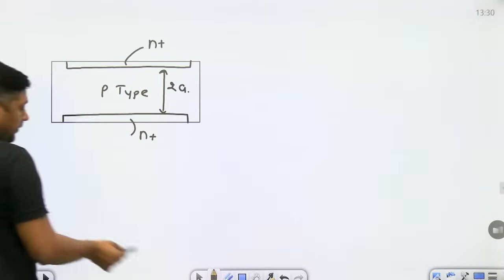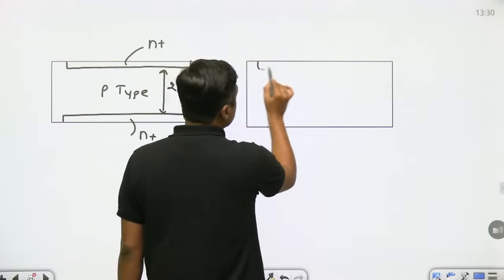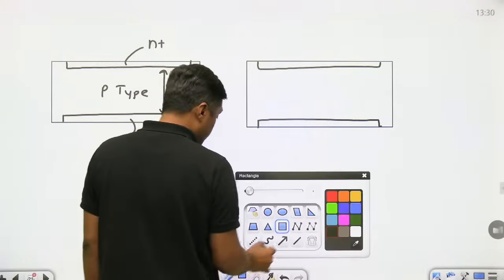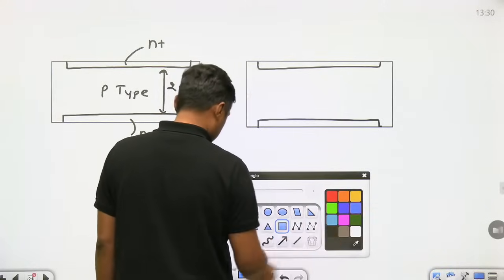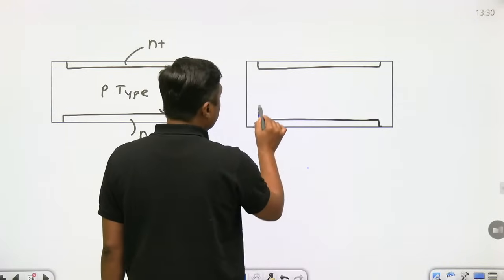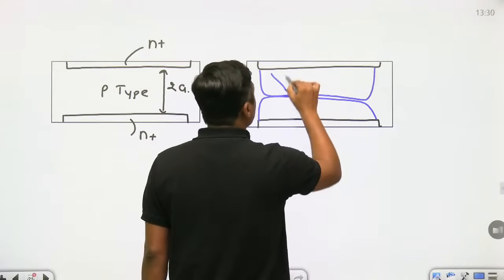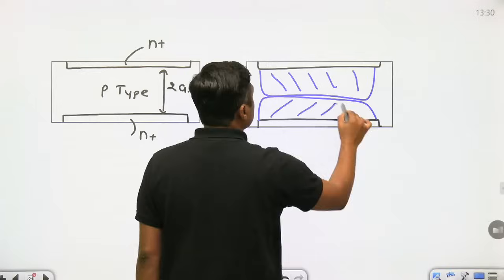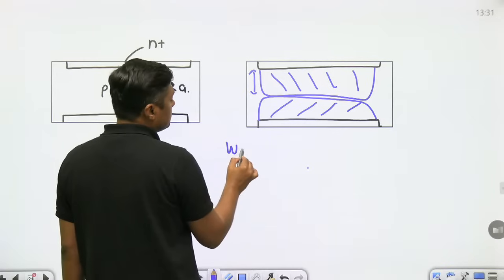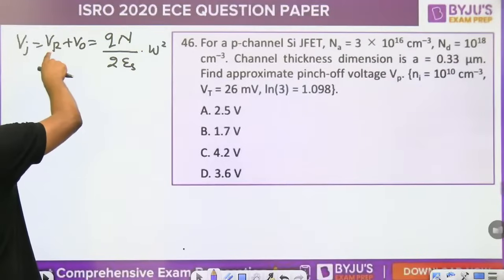Pinch off means when the depletion layer increases and the channel is just pinched off here, right? One sided depletion layer will become A. We have to put the value A here in place of W, and this is called pinch off voltage.